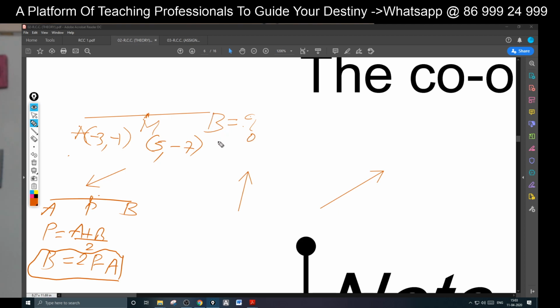Then how to find B? Very simple, that's what I said. Here I took it as M as midpoint. M is equal to A plus B by 2. Then B is equal to twice M minus A.